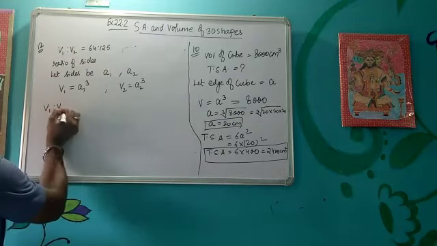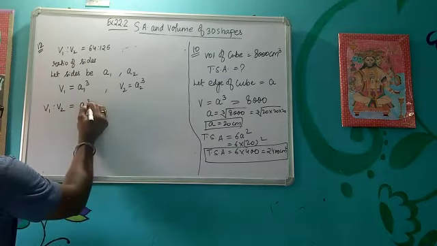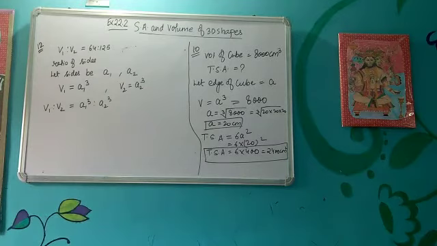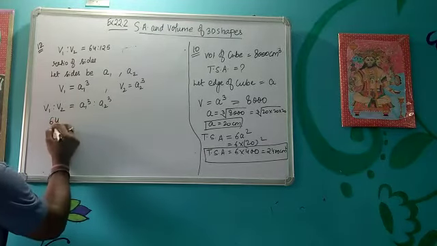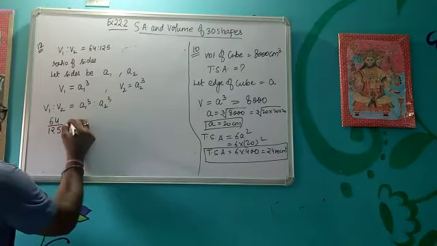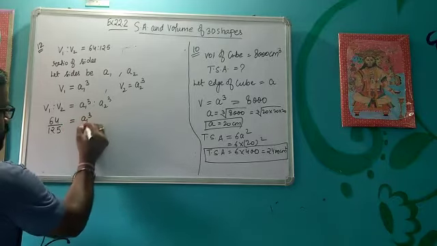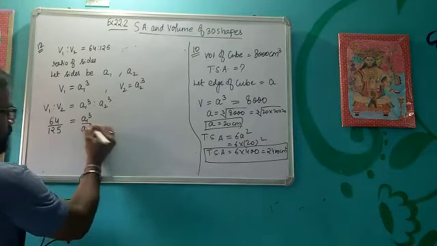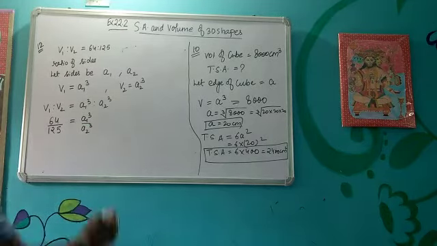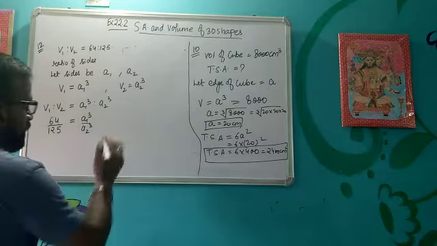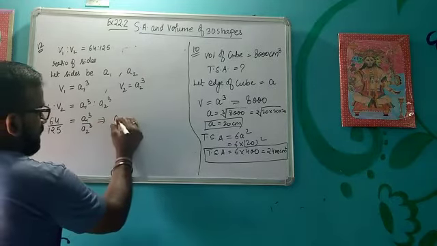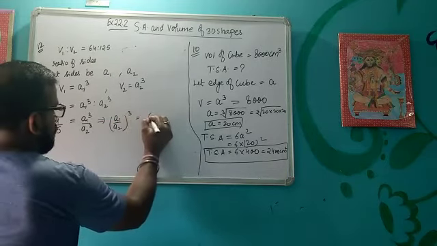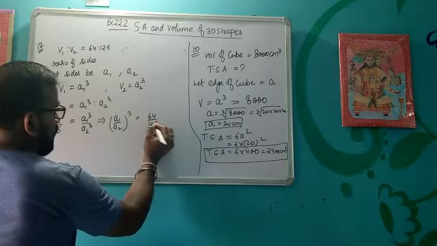So what is given? V1 by V2 is given. Now we will write 64/125 is equal to A1 cube upon A2 cube. So like we have studied in case of the exponents, we can write it as A1 upon A2 whole cube equal to 64/125.